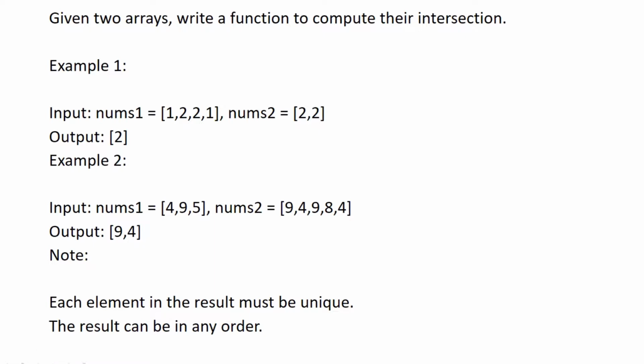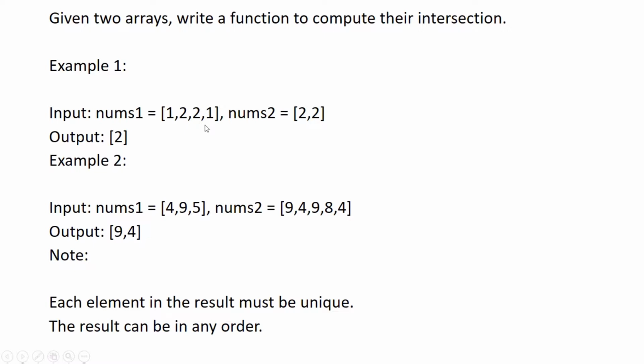If it is there, I drop it into my output. Then I go to the second element and check again, and if it is there, I have to check that it is not already in my output, because I must not have duplicates.